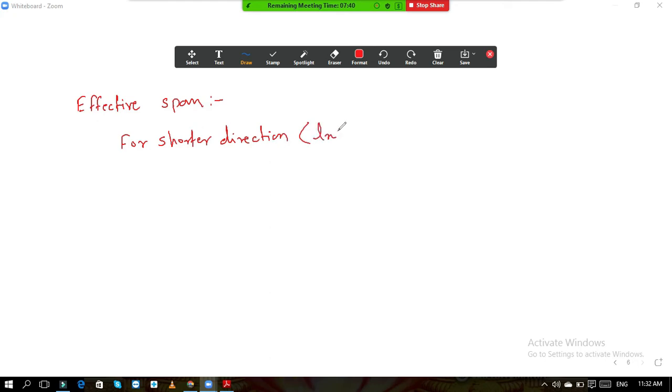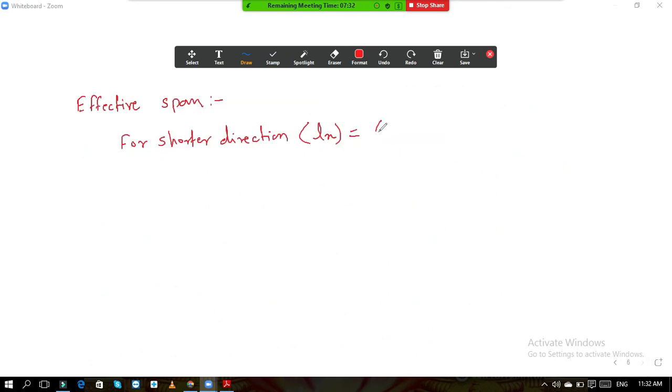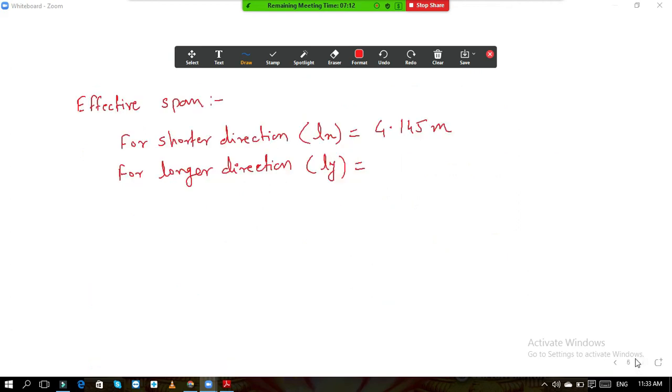For shorter direction, Lx is equal to 4.145 meter, and for longer direction, Ly is 6.135 meter. Now these are the effective spans which we got.